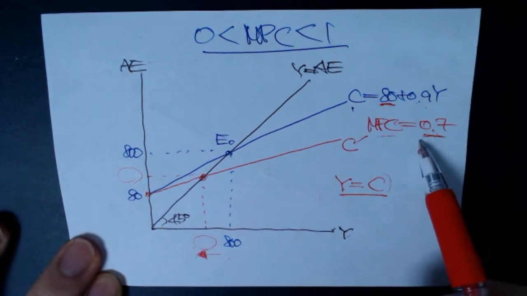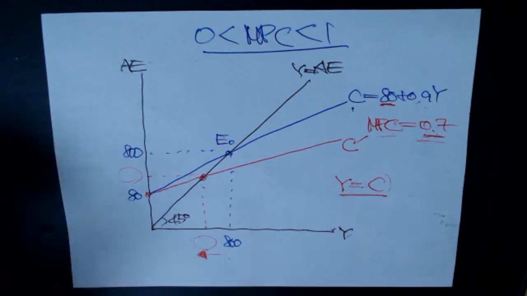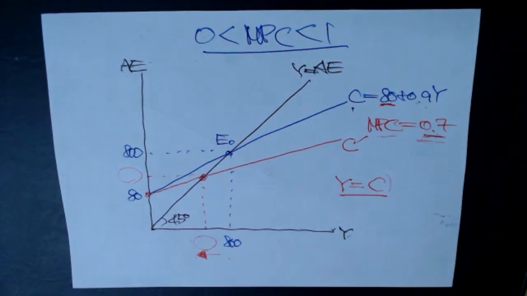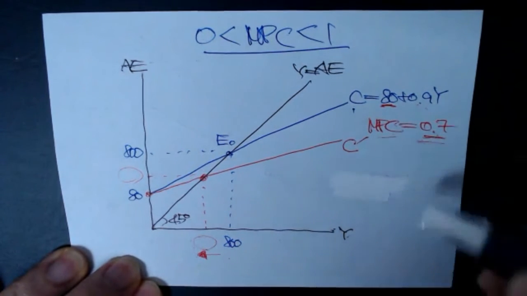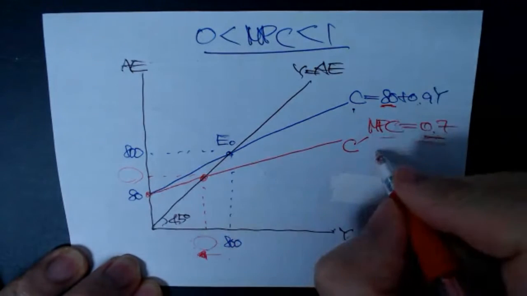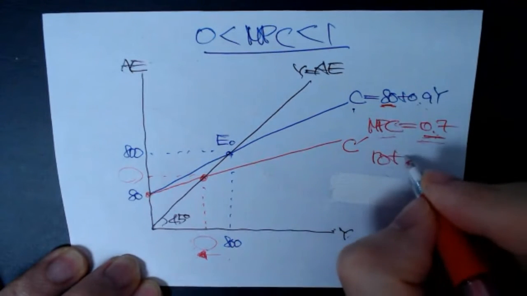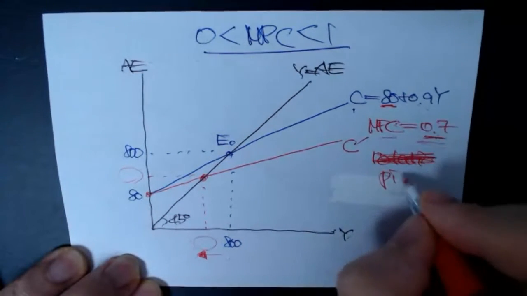Right? So when we have a smaller MPC, national equilibrium output also decreases. Okay, so this kind of change we call a slope change, right? A slope change we call rotation. Rotation. Oh, sorry. Pivot.